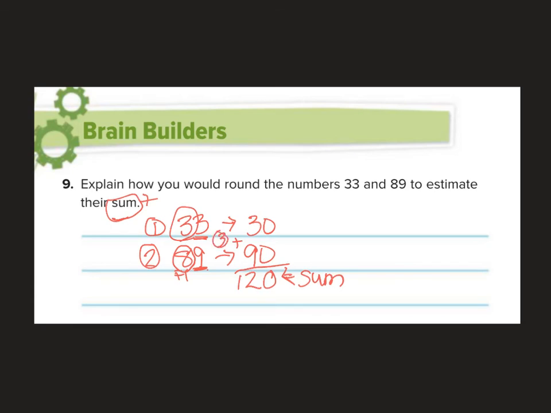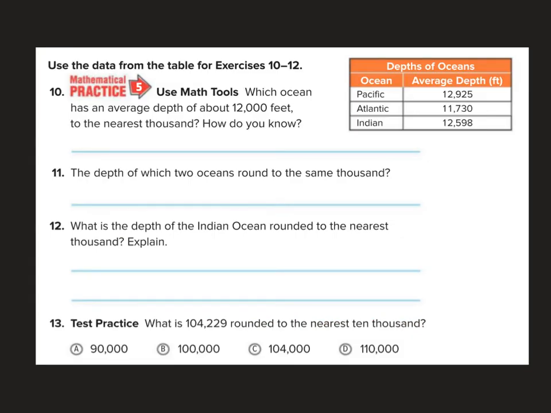Okay, let's try one more page. Use the data from the table for exercises 10 through 12. That's handy information. Which ocean has an average depth of about 12,000 feet to the nearest 1,000? How do you know?